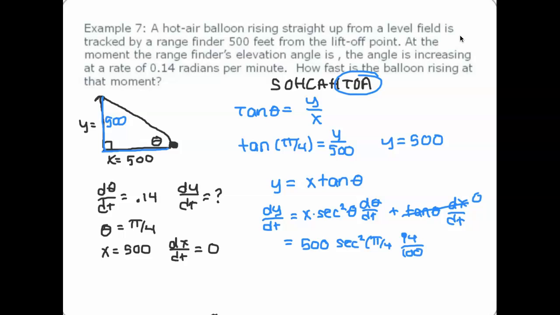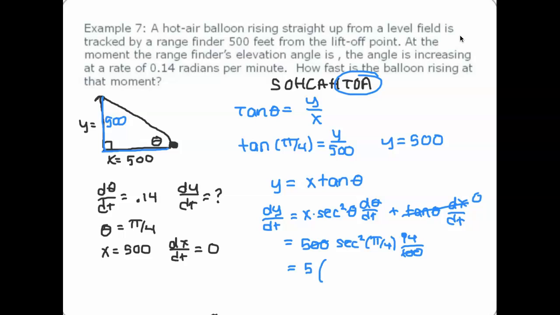The reason I do that is just because 500 and 100 will simplify to 5. Secant of pi fourths, well, what is the cosine of pi fourths? Root 2 over 2. So that means that this is 5.